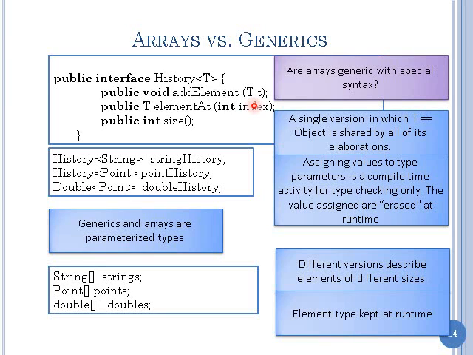And all Java is doing is saving you the overhead of doing casting at runtime, and making sure that you're doing casting properly by seeing how you used it. So it makes sure that in string history you can only add strings, and in point history you can only add points. That's basically what it is making sure.